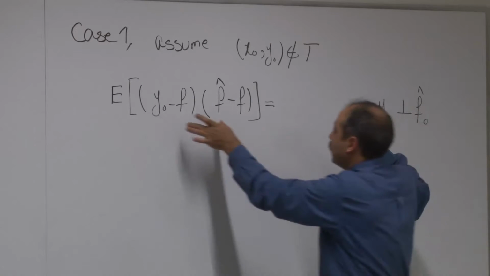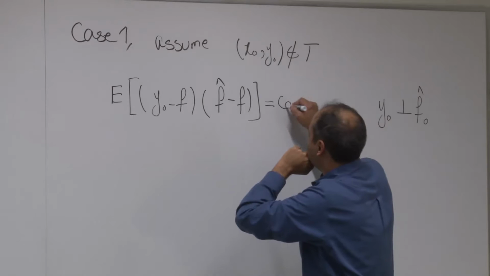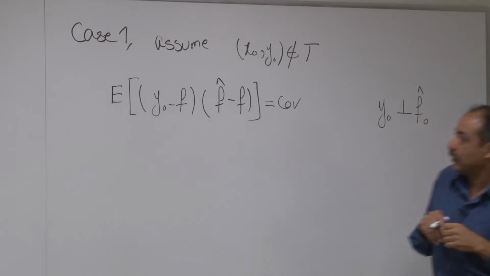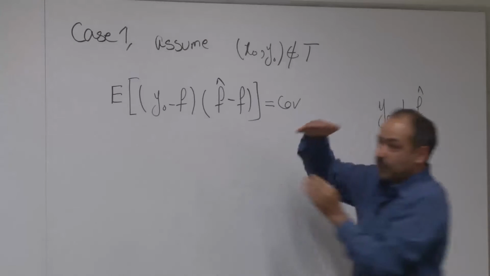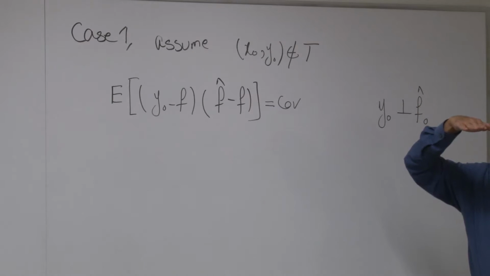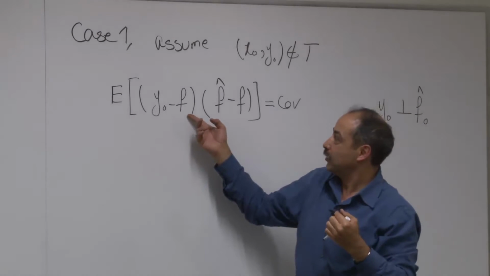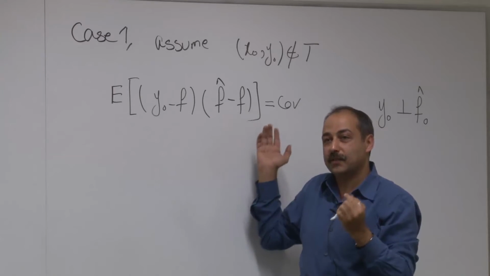Conceptually, this term is like covariance, right? Look at f as the mean that has been distorted, and you observe y's. So y's minus its mean, and f hat minus the mean.